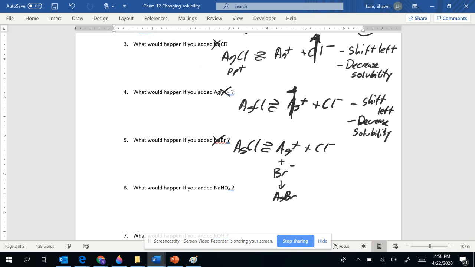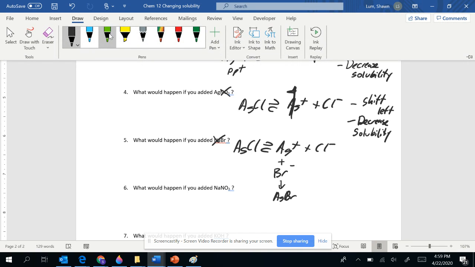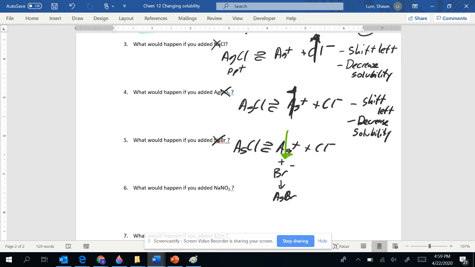What that means is that it's going to decrease the concentration of Ag. So on our steering wheel, this side is going to go down, and that means we are going to be shifting right. And that means we're going to increase solubility.